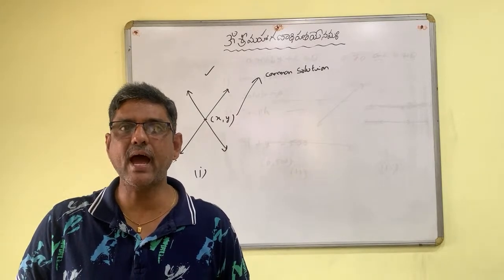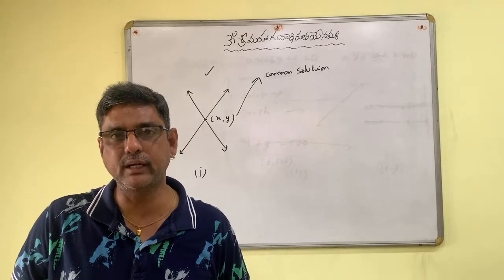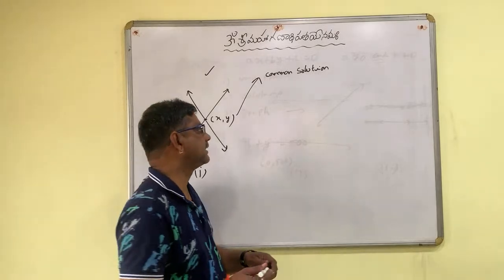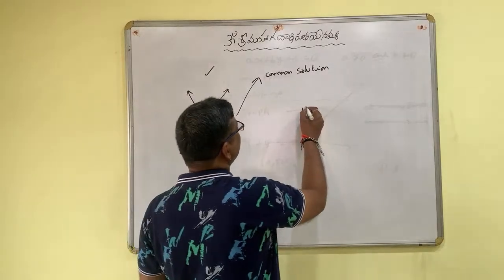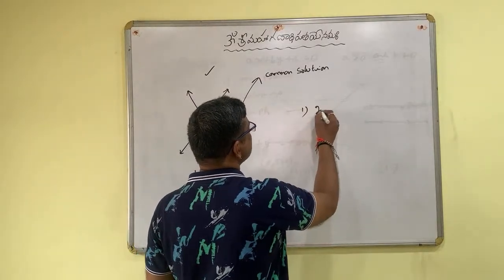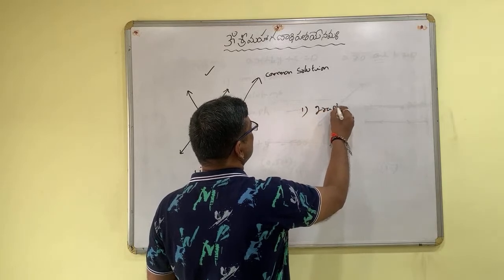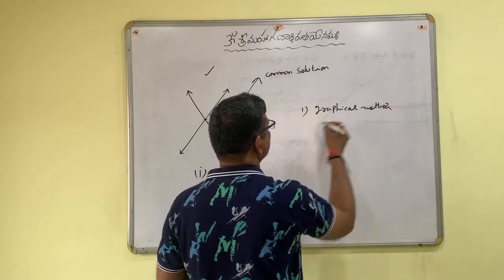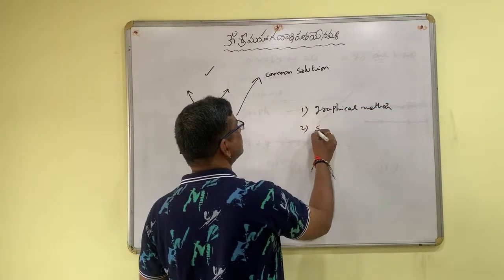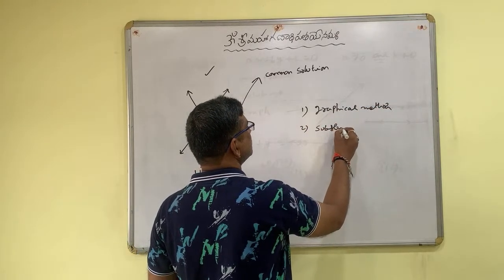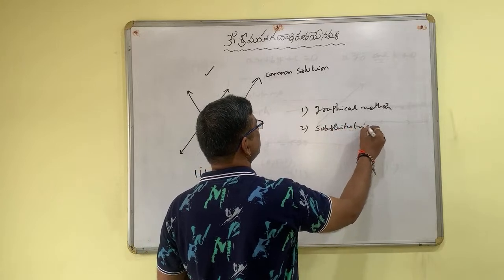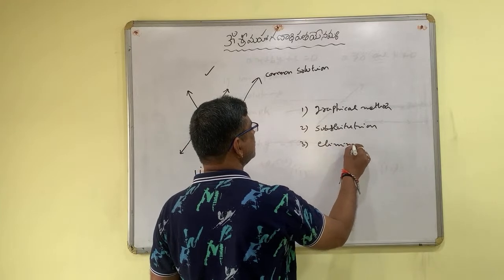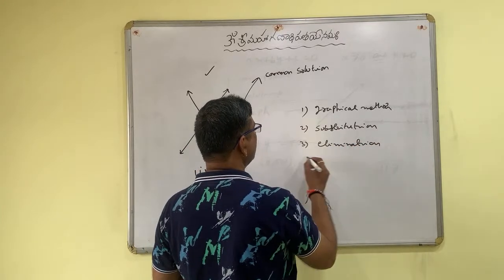Right. And we are going to find out the common solution by using different methods. The first one is the graphical method. Second one is the substitution method. Third one is the elimination method.